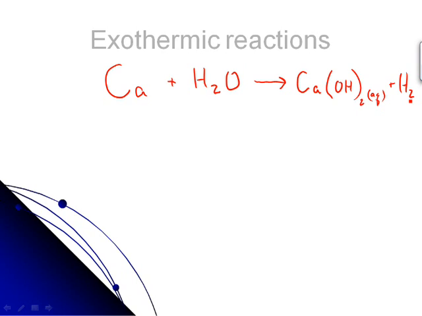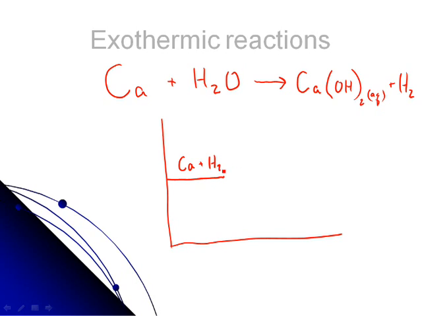Now, it's obvious when you see this that it's a reaction that releases energy. So if we are to make our graph where we have our reactants as calcium and water, these are the things that react. And we're graphing once again the energy involved in this reaction. Because there is so much energy released, now keep in mind this energy is leaving our little system of reactants.